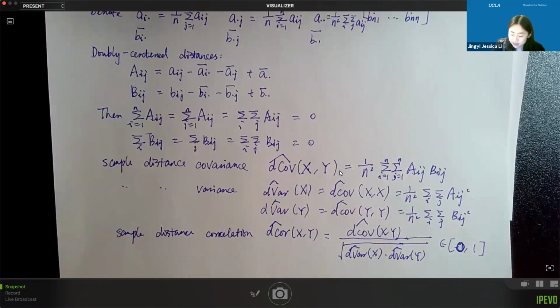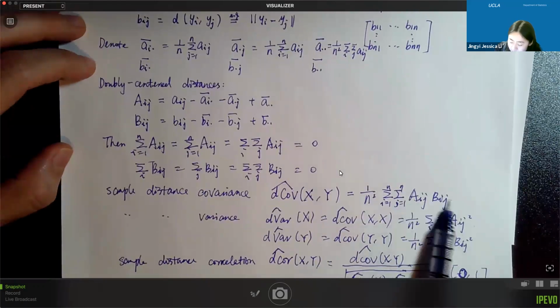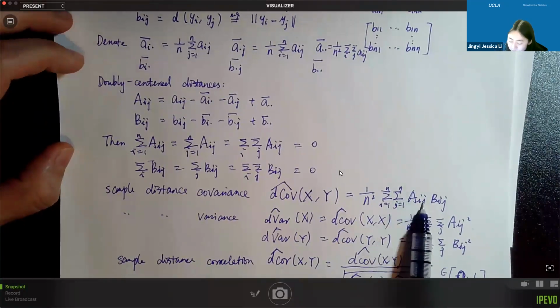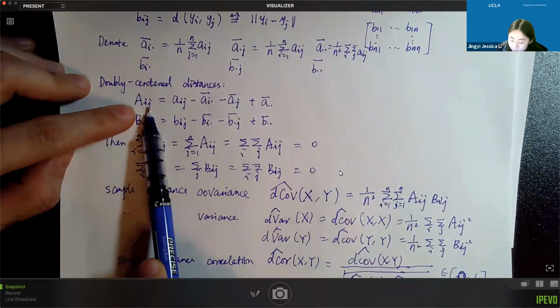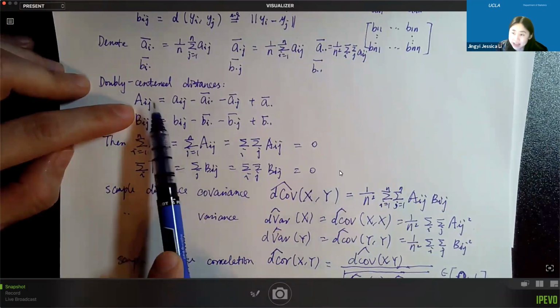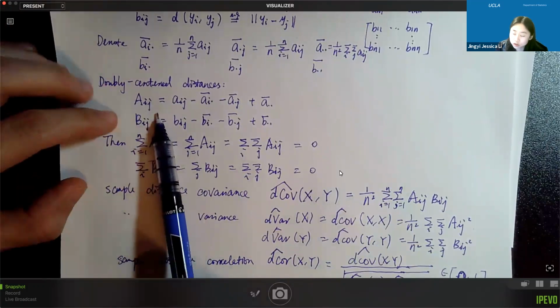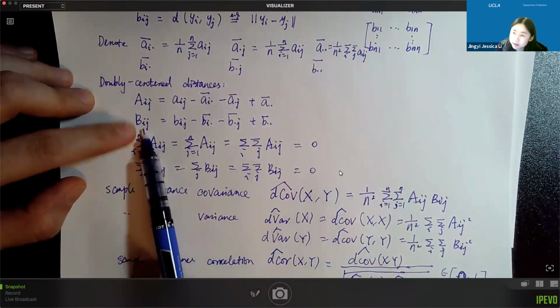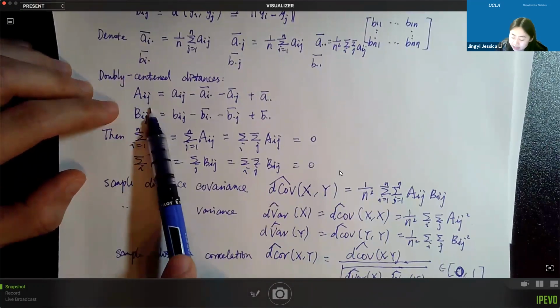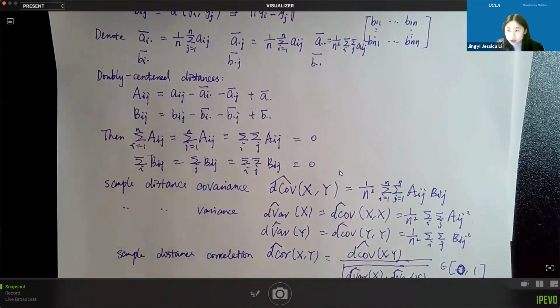Based on this definition, essentially we are measuring whether, when two data points are far away in the x space, they are also far away in the y space. If that's the case, then x and y should have a large distance correlation. If not, then it's not the case. Does that make sense to you? So we're measuring the relationship between the two sets of distances.